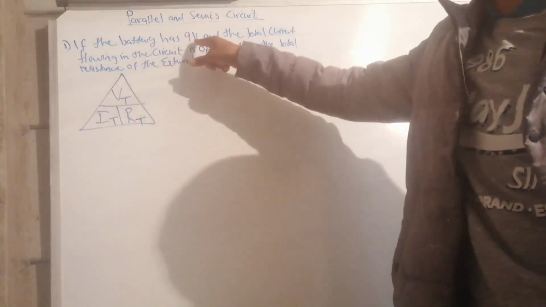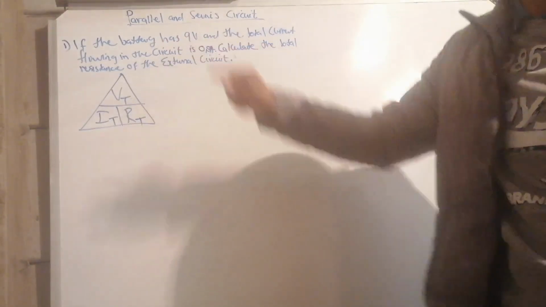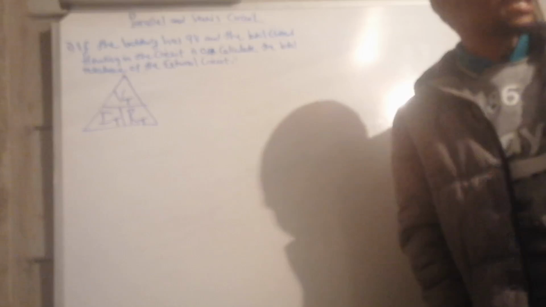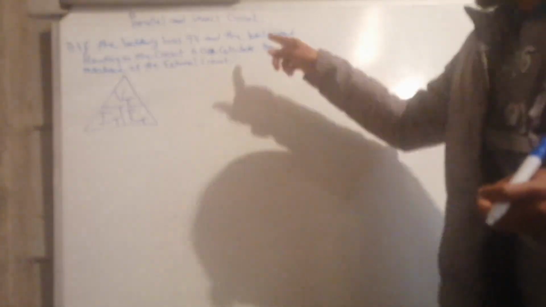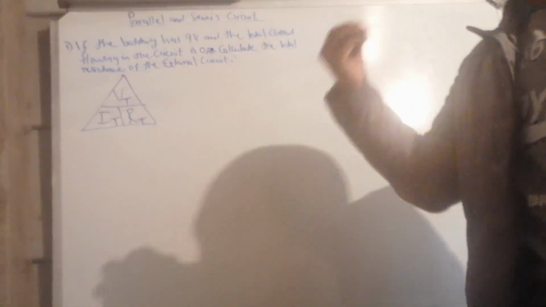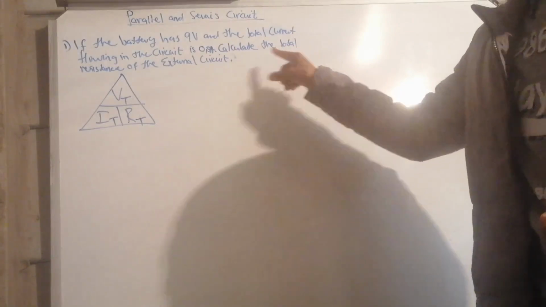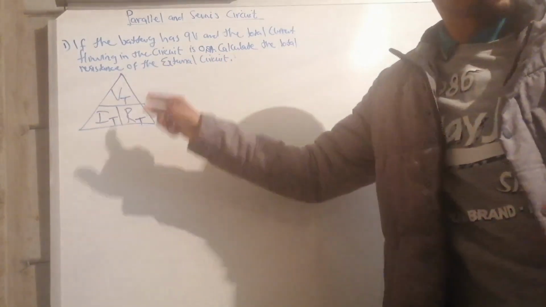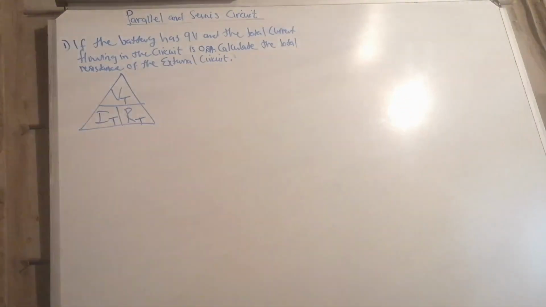If the battery has 9 volts, a grade 12 learner will know that this is the EMF, the total voltage, the total energy that the battery can supply. The total current flowing is 0.5. Calculate the total resistance, because Ohm's law uses total voltage, total current, and total resistance.